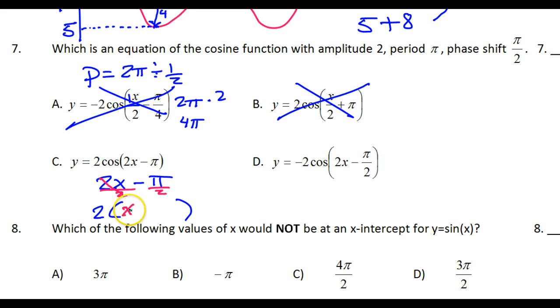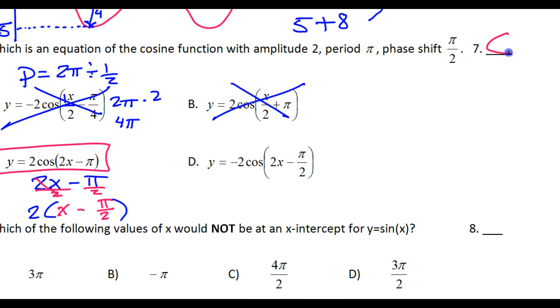So these 2's cancel, that gives me x, and here I'd have minus pi over 2. All right, and so that gives me a phase shift of positive pi over 2, because it's going to be the opposite of that. Okay, so that means C is going to be the answer. Okay, so the answer is C.